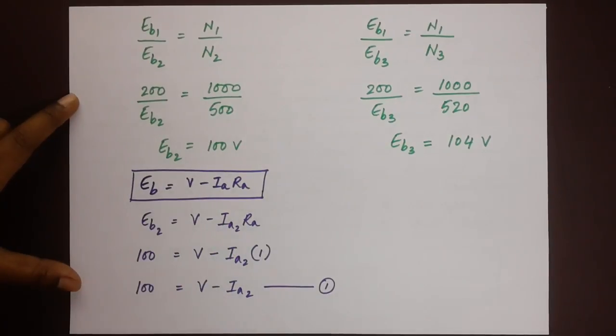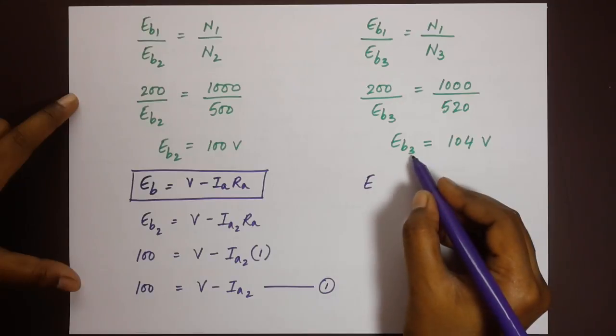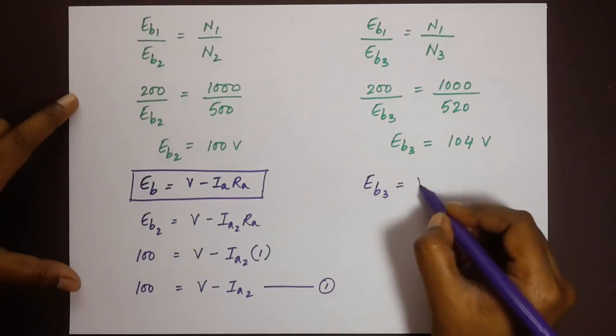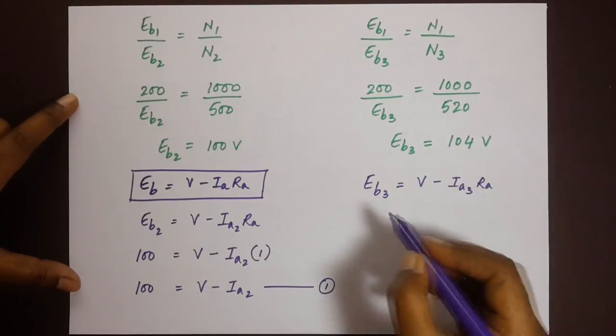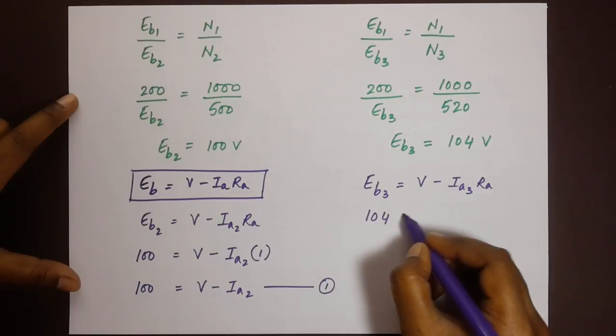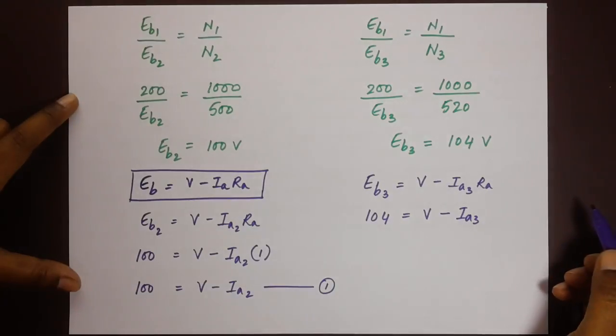Next step, we do the same as we did earlier. We now take the same EMF equation, substituting the subscript of 3. So we have EB3 is equal to V minus IA3 RA. Okay, so when we substitute the value, that's 104 is equal to V minus IA3, since RA is anyway 1.